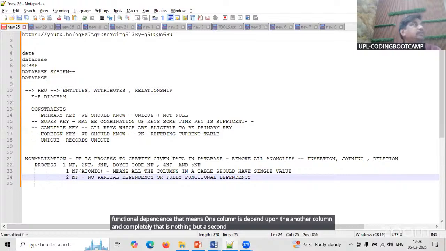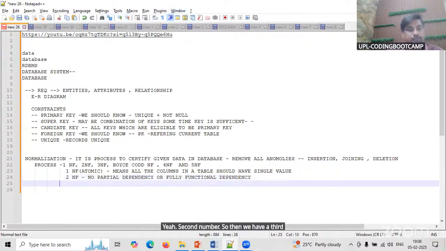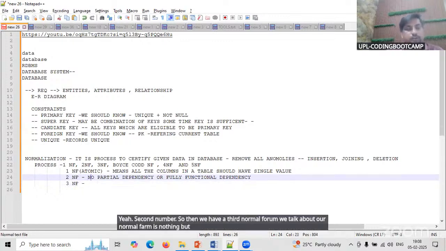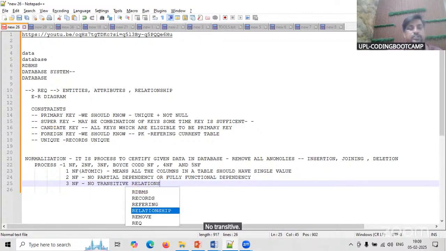Then we have third normal form. We'll understand in a few minutes. Third normal form is nothing but no transitive relationship.